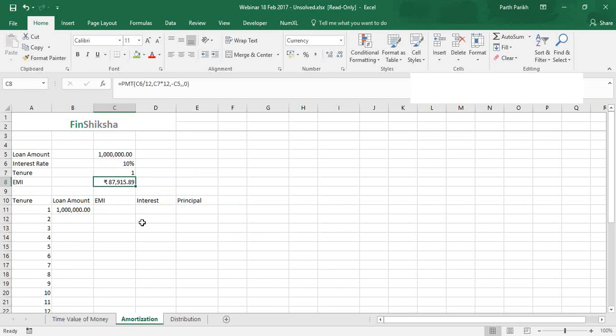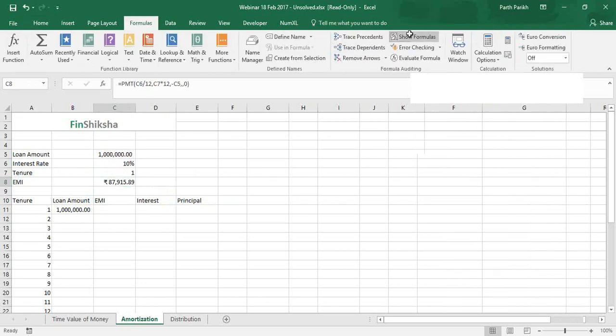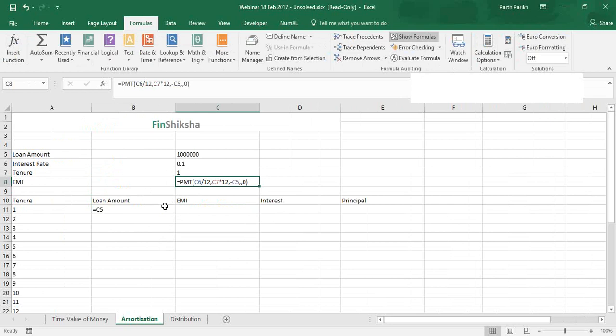I will explain this again. You can see the formula over here, which is PMT. First thing is C6 by 12. C6 is my interest rate, and I convert it into monthly.